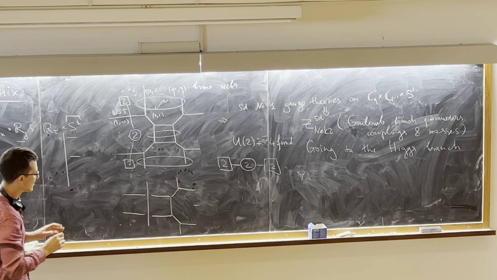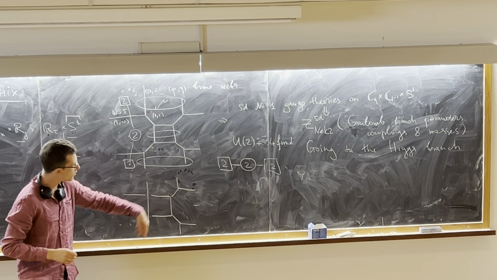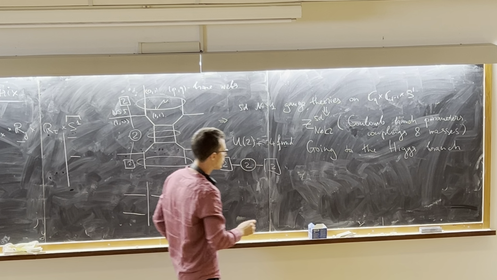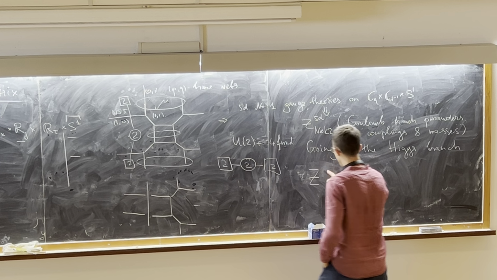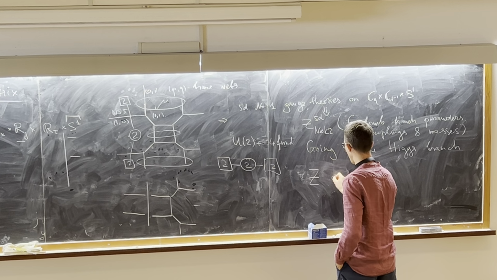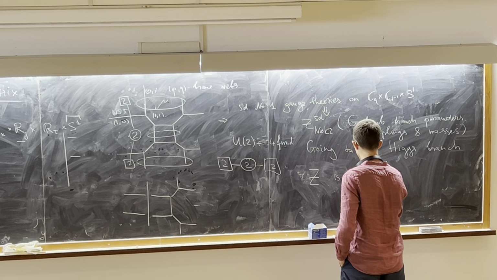Okay, sorry. So this is what happens. You move this brane out. Now, what happens to the partition function? So Z is constant on the Higgs branch.